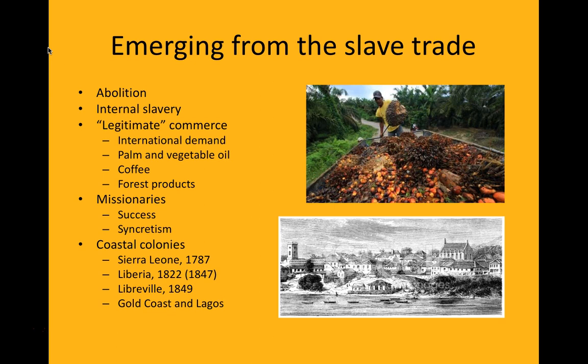All of that inspired the creation of these freed slave colonies, and that rhetoric would remain part of abolition, of the question about what to do with slaves for a really long time.